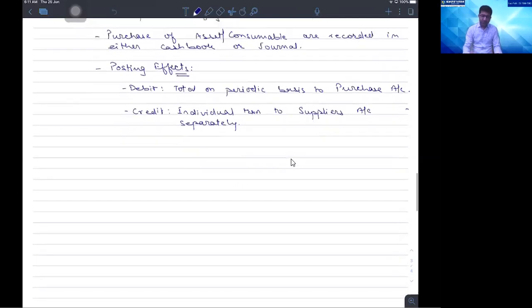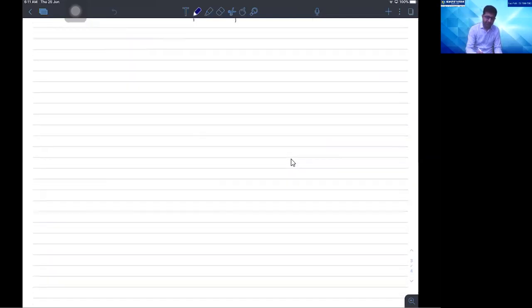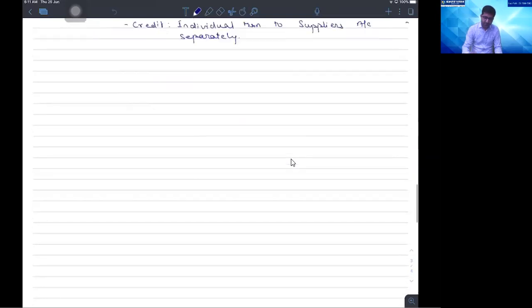If I just draw the format of my purchase book, my purchase book looks something like this.